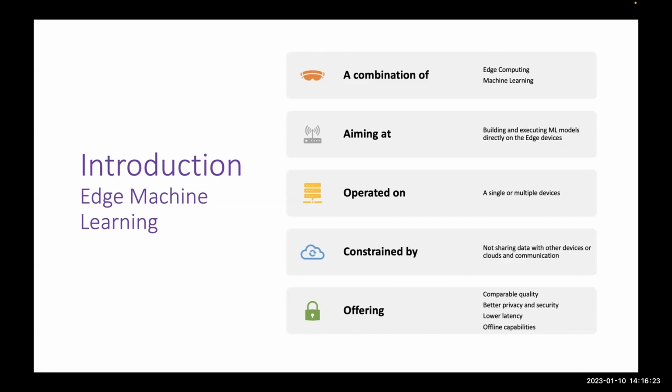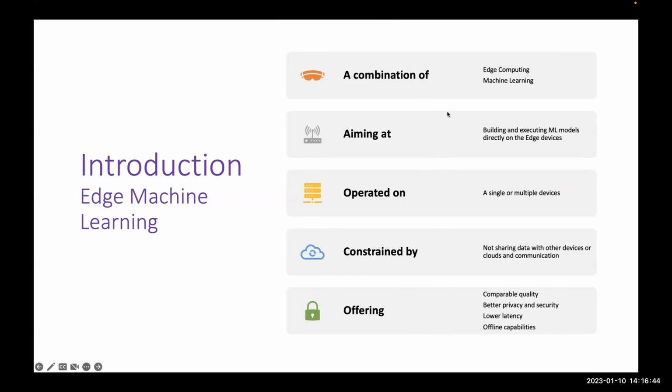What we are expecting from edge machine learning is that we should obtain comparable quality to the cloud operations, or to cloud-based machine learning, and better privacy and security. This is by construction, I would say, a benefit. It's not granted, but should be a benefit.